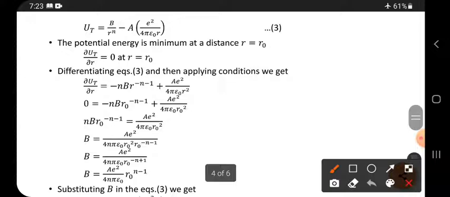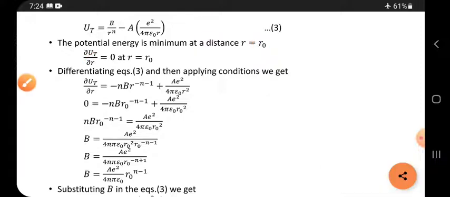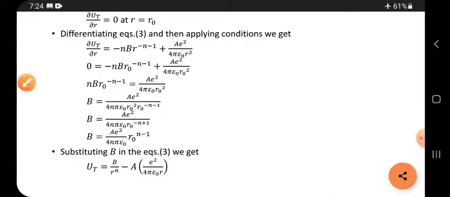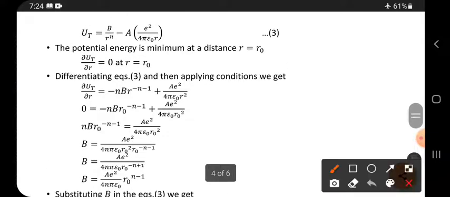Now differentiating the above equation, the differentiation of total energy is 0, because the total energy is minimum at this distance. So dU T by dr is 0. Differentiating equation 3 and applying the conditions, see here.